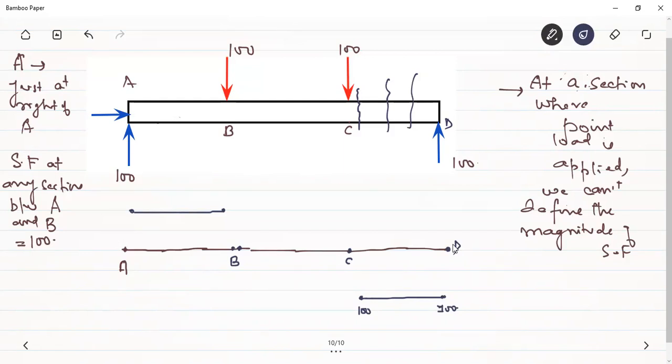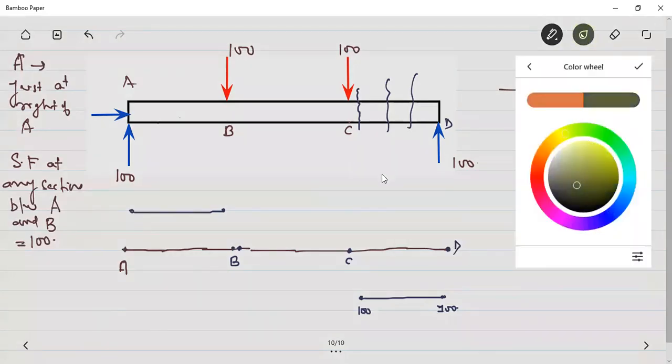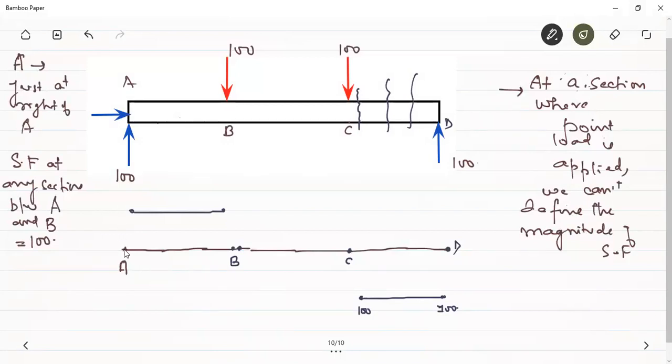But now what books actually do is, this is the shear force diagram. I will show those steps with some light color. At A, they directly shoot up to 100.